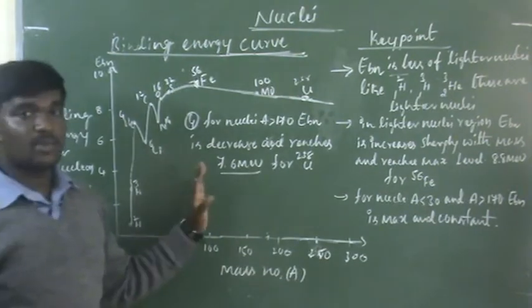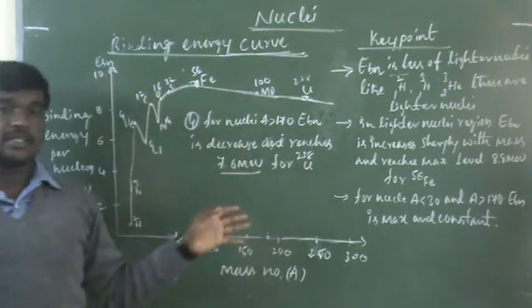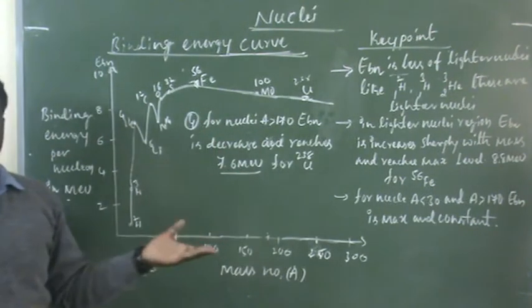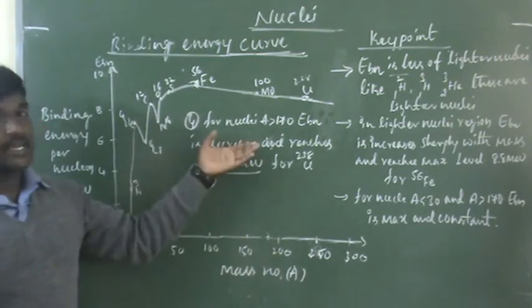So are you getting my point? For nuclei with mass number greater than 170, the binding energy per nucleon decreases.